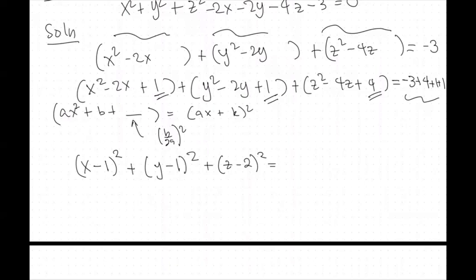Okay, I made a mistake. Since we add something on one side, you have to add it on the other side too, so that it will negate the effect.